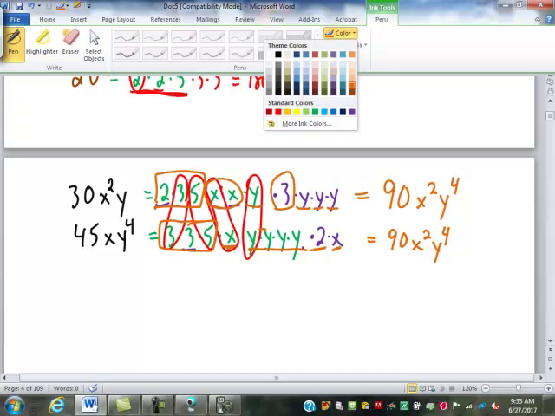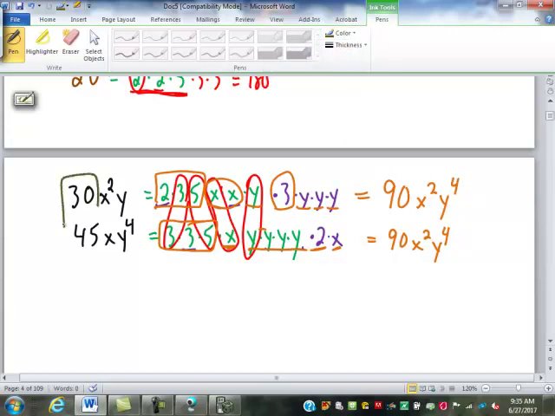And remember, we had mentioned earlier today that the shortcut is you can find the least common multiple for the numbers. So I could have just done the 2, 3, 5 and the 3, 3, 5. And said, hey, I need a 3 up here and a 2 down here, which gives me the 90.